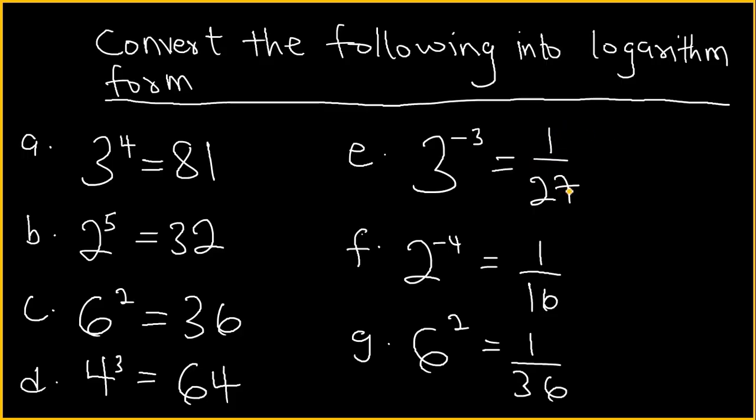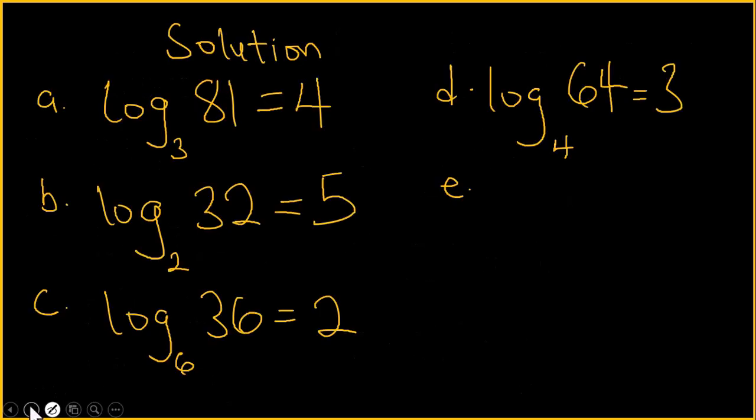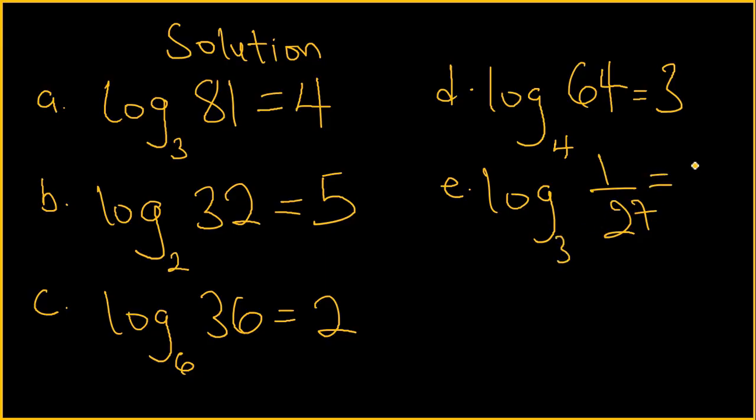So we are going to write this as our result, and 3 as our base, and negative 3 as our power. So log of 1 on 27 to the base 3 gives us a result of negative 3.